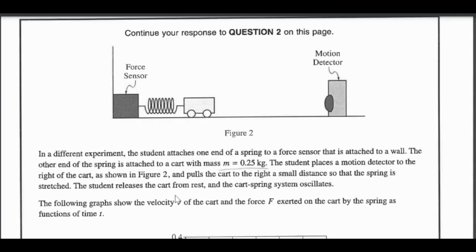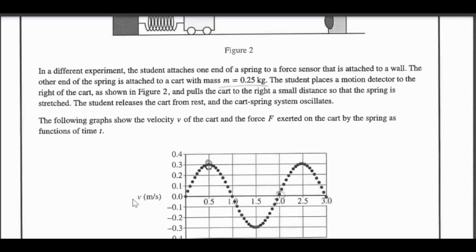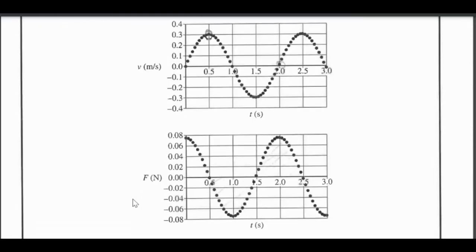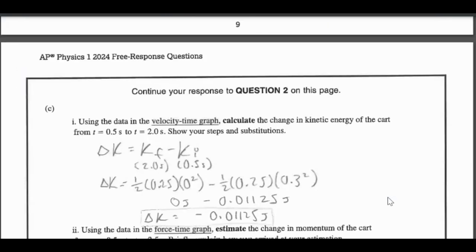Important things to remember: we release it from rest, it oscillates back and forth, and then that seems to be it. So we have a velocity versus time graph where I circled 2 points that we're going to use a little bit later, and then I shaded some areas over here and over here, which kind of faded a bit, but we're going to use those a little bit later as well.